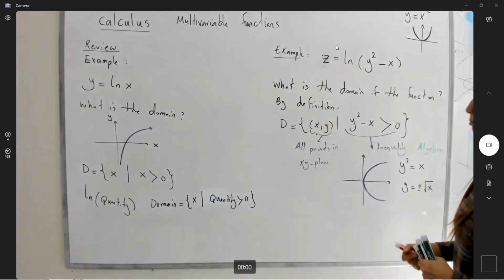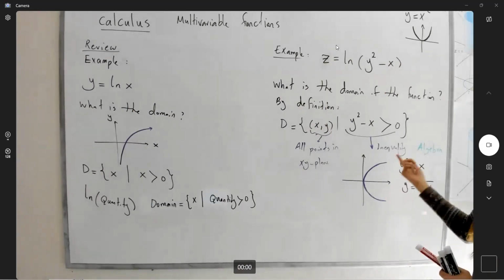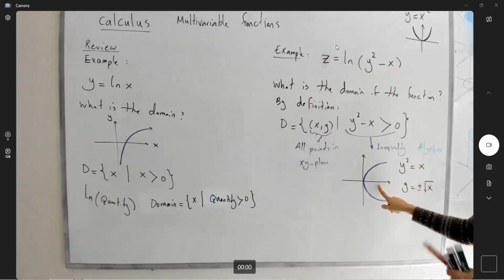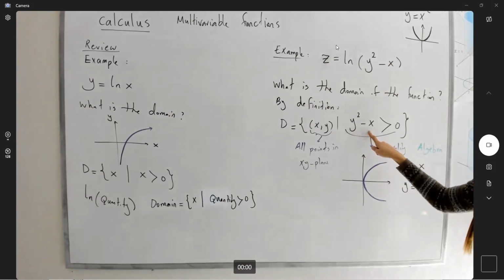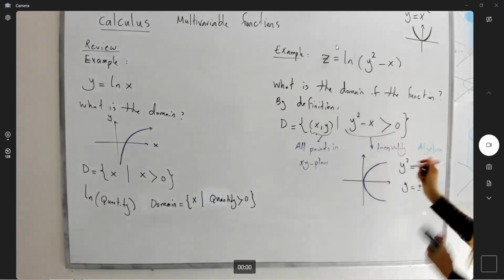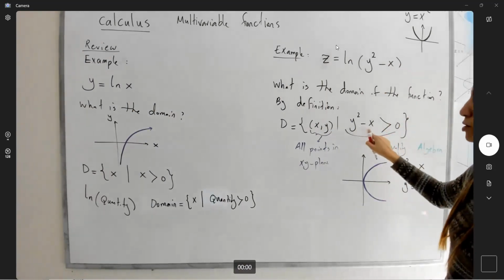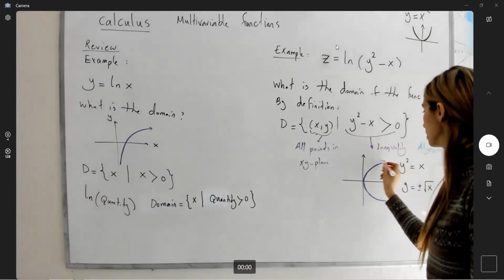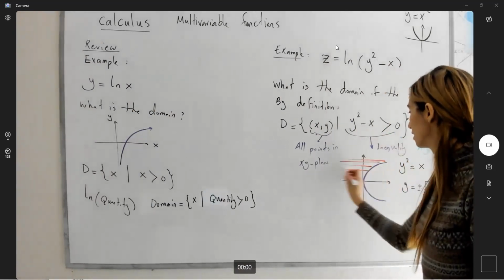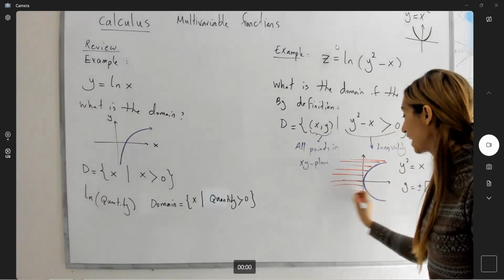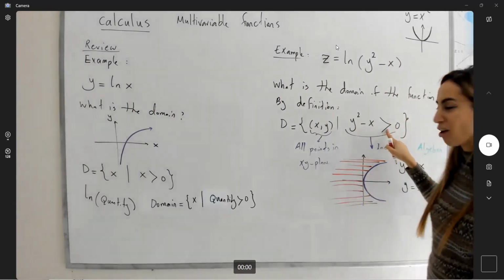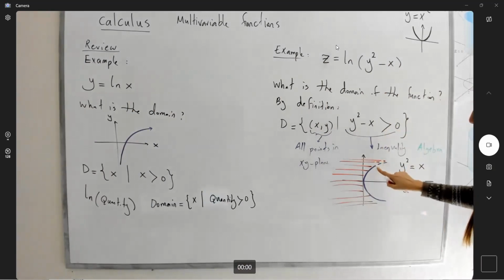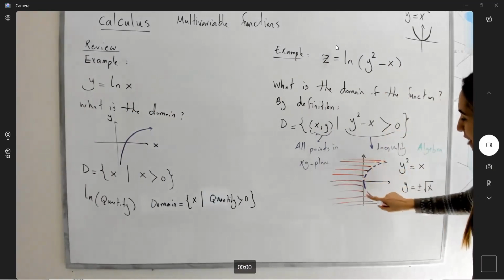You can take some point like, for example, (1, 0). 0 minus 1 is -1. It's not larger than 0. So since (1, 0) doesn't satisfy this inequality, we're going to shade the left-hand side. And since there is no equality involved, you're going to use a dashed graph.